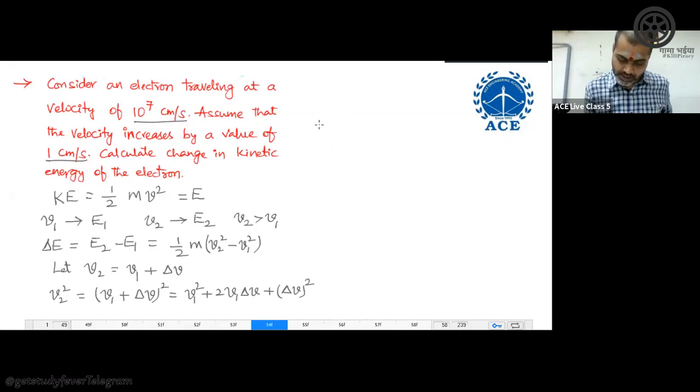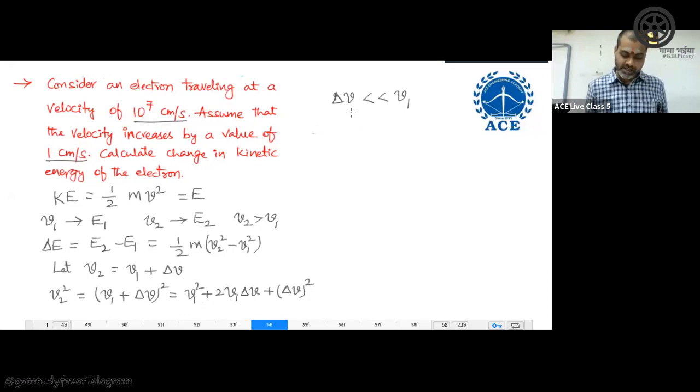Before going to that, we can have some approximation here. Delta v is going to be much less than v1, because v1 is 10 power 7 centimeters per second, and compared to v1, delta v is very small.